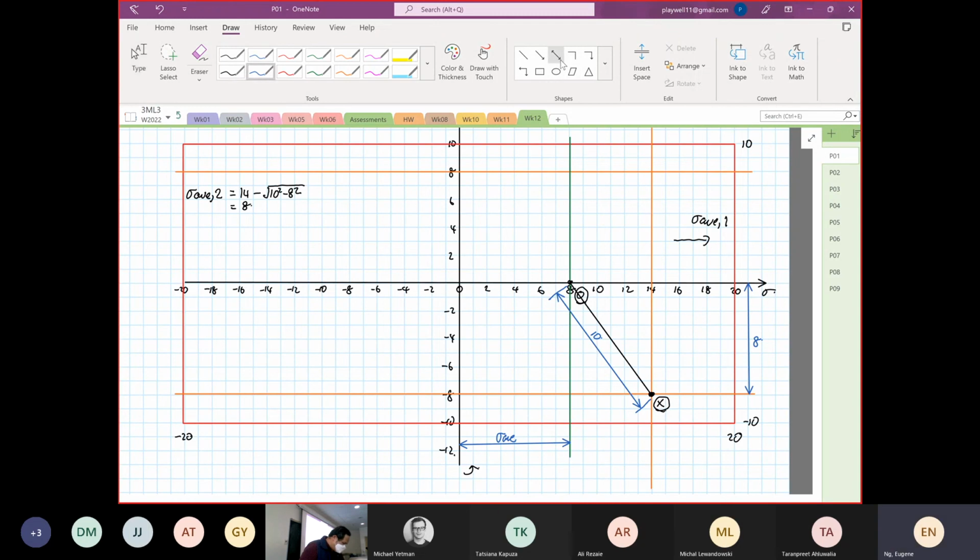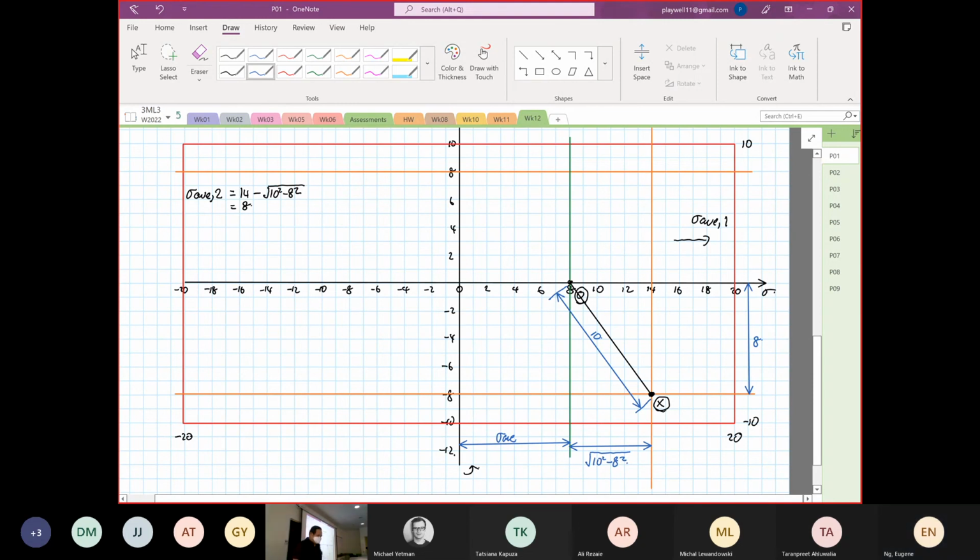So we just found the distance from here to here. So this distance is the square root of 10 squared minus 8 squared, okay, for that simple reason.